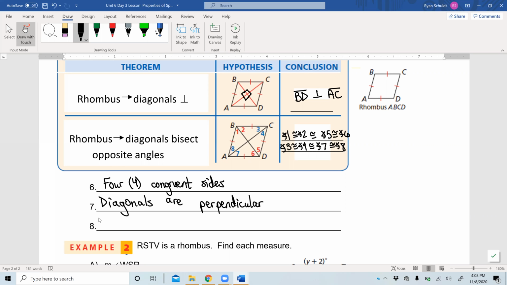And we also said that diagonals bisect opposite angles. Diagonals bisect opposite angles. Okay.